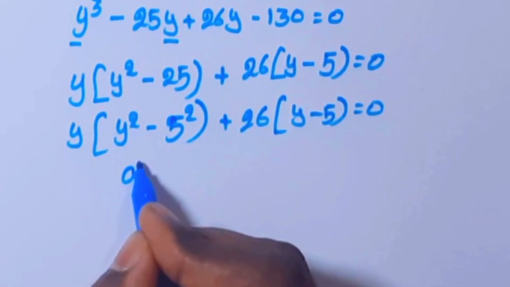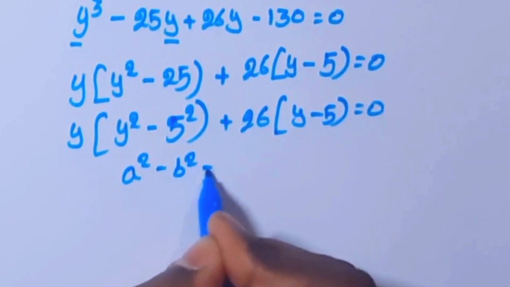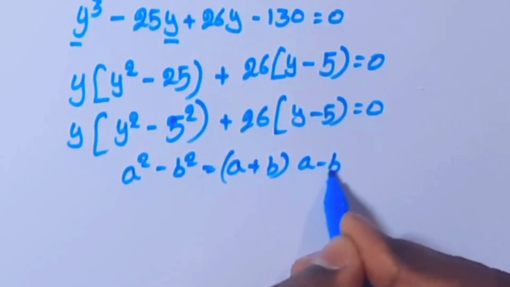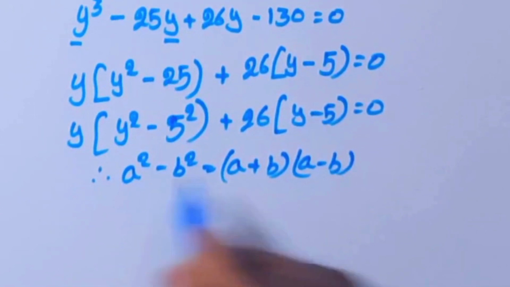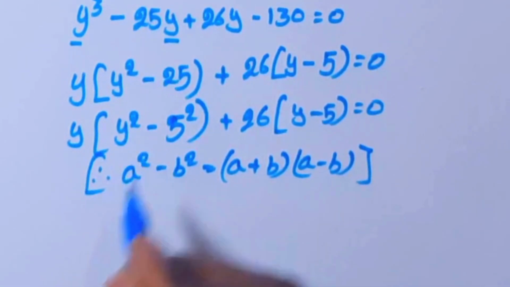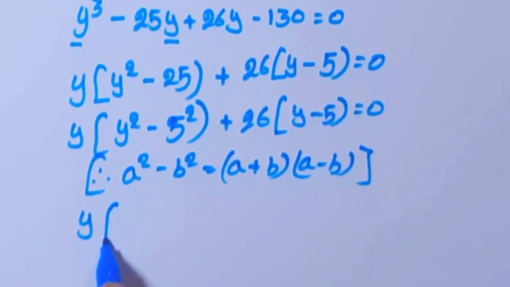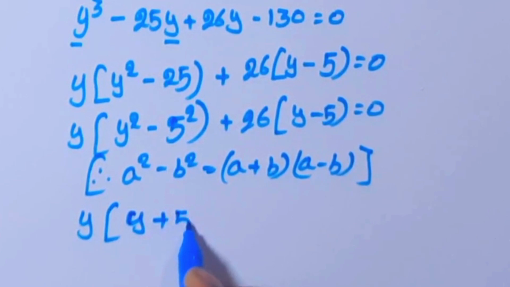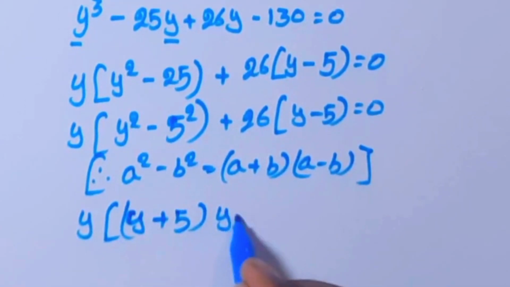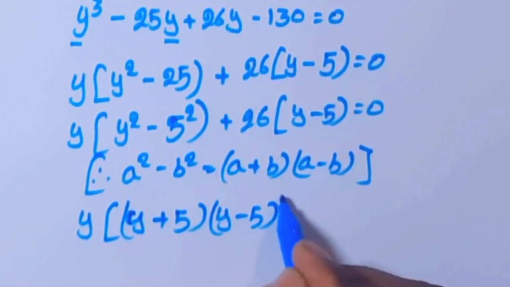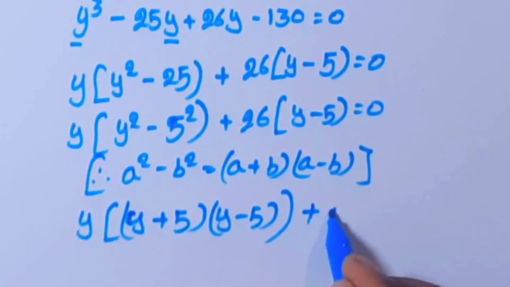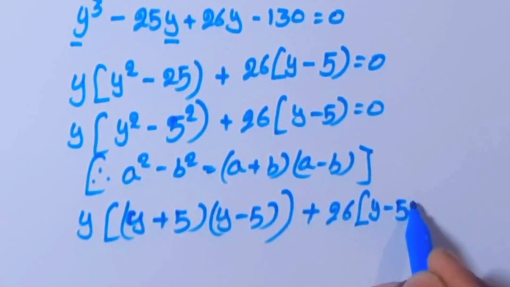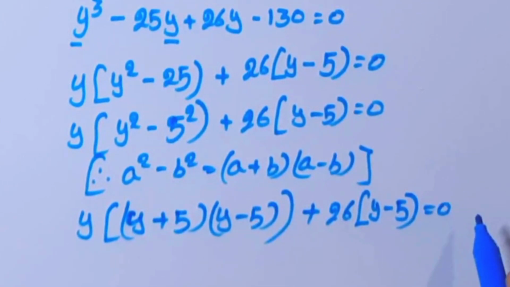a square minus b square equal to (a plus b)(a minus b). So we are going to apply this here. y open bracket (y plus 5)(y minus 5) close bracket plus 26 open bracket y minus 5 close bracket equal to 0.